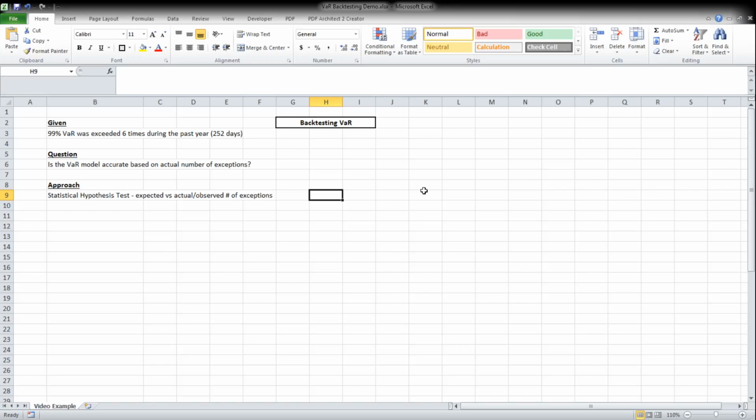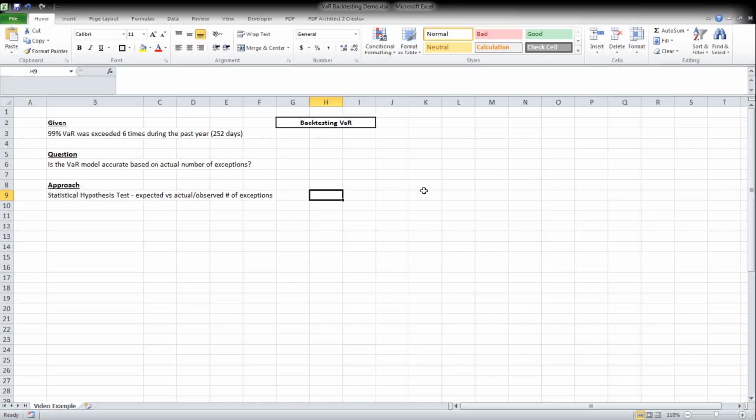If the actual number of losses is significantly different from expectation, meaning significantly greater or significantly less than what you were expecting, then we will say that the model is not good and it needs recalibration or some work. If our actual number of exceptions is roughly in line with our expectation, then the model will pass backtesting, and we will say that our model is good enough and we will continue working with it, and it will not need too much fine tuning.